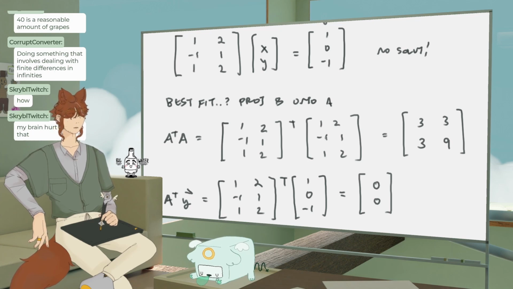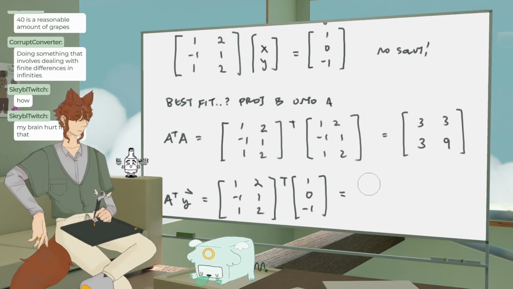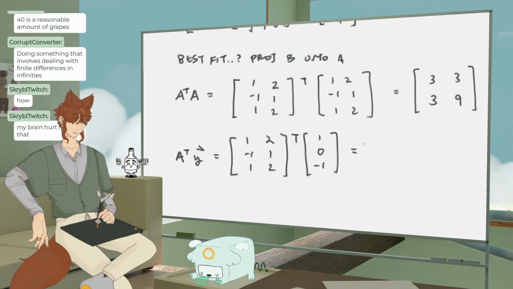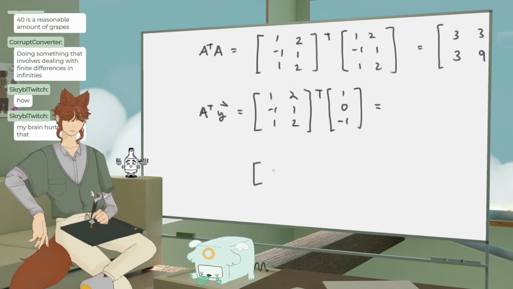Unless I just did this matrix multiplication wrong, which, you know, is a very possible situation here. Maybe I'll actually write it out and we'll see if we get that.